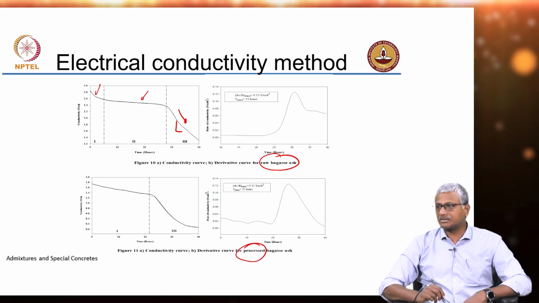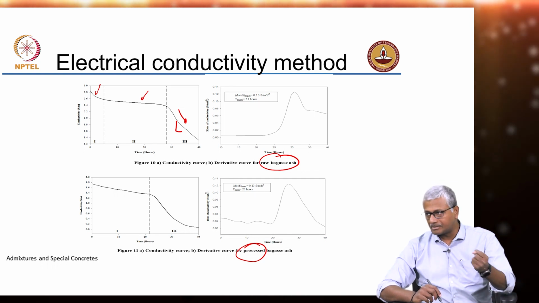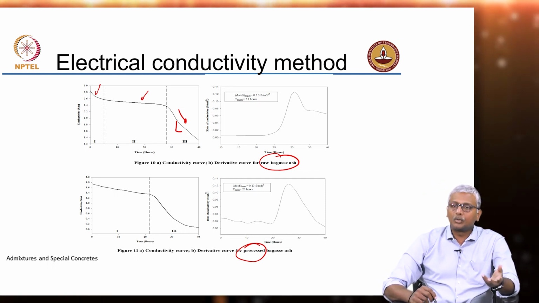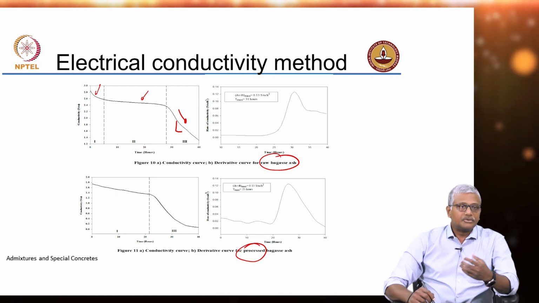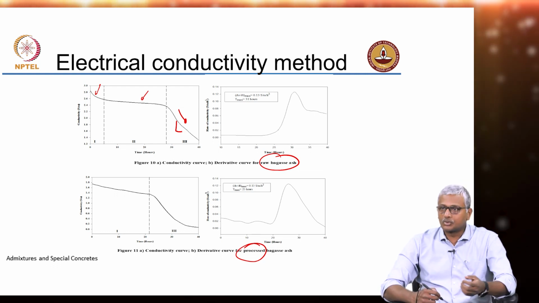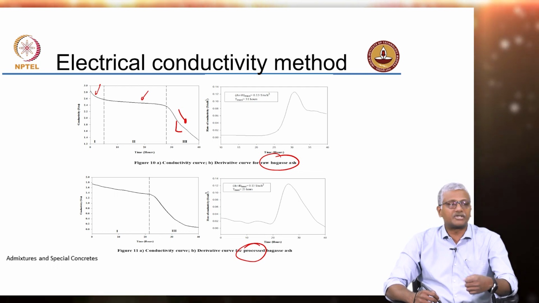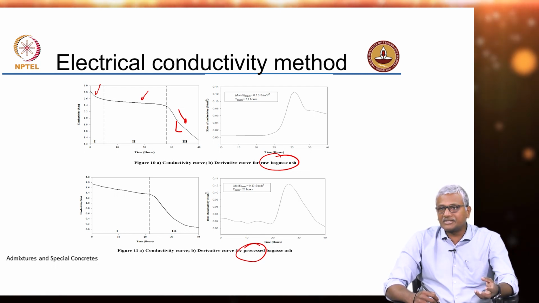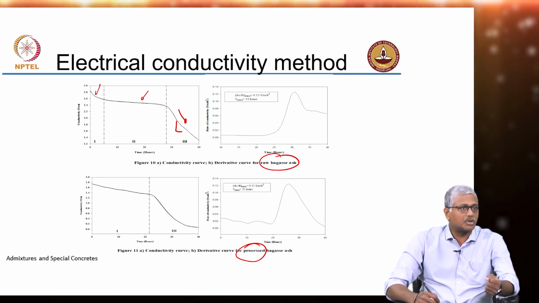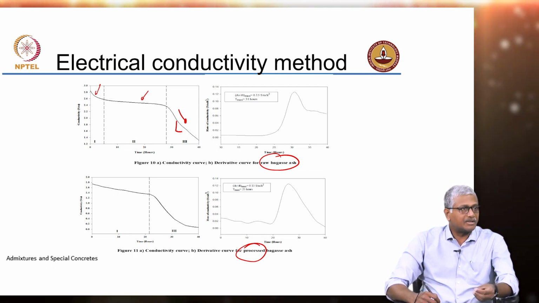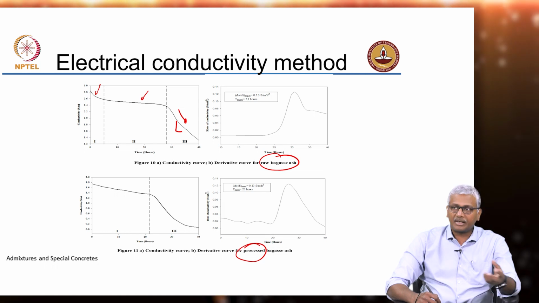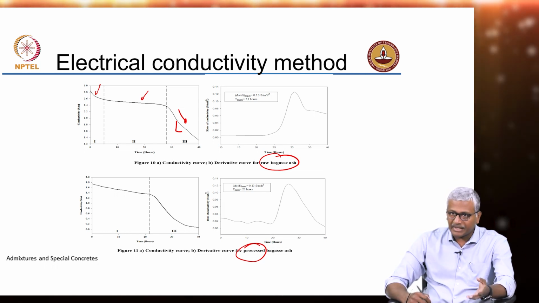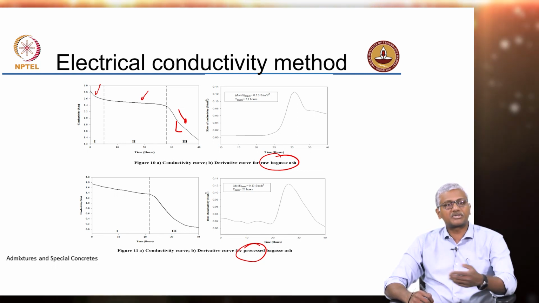Raw bagasse ash refers to the material that was directly collected from the locations where bagasse ash had been dumped. I told you in the last class that sugarcane bagasse, after extraction of the juice, gives very good calorific value, so it is burnt to obtain energy, and after burning, the ash that remains is usually dumped. It is not really utilized well enough. So, that dumped ash we collected and we used that towards this pozzolanic activity test, and the same ash was then processed.